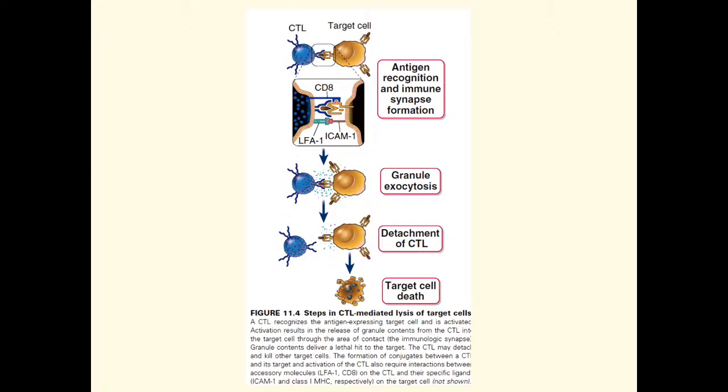So after this immune synapse formation, these granules are exocytosed from the cell and they will go directly to the target cells and not to the extracellular space. Okay, and after this granule exocytosis, there will be detachment of T cells because the T cell already recognized those target cells, so we need to find those antigens in other cells.